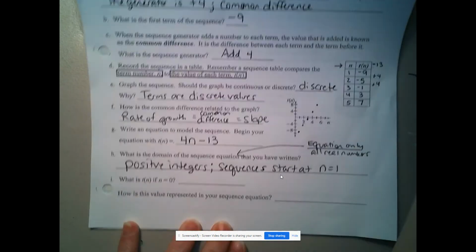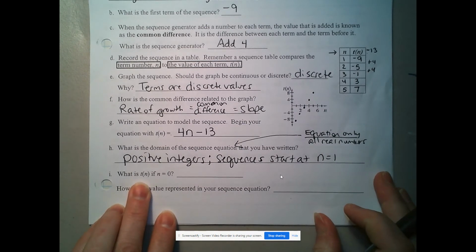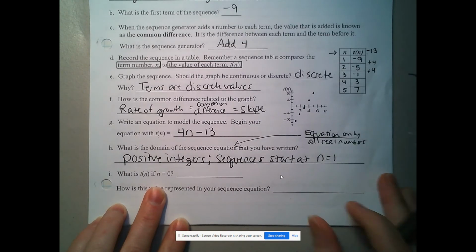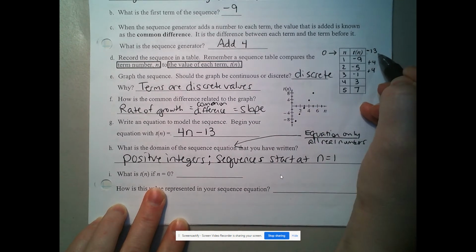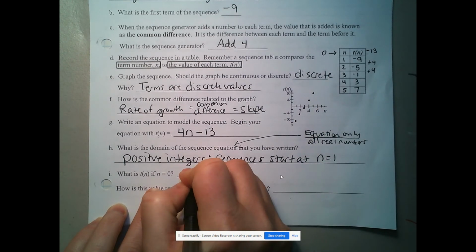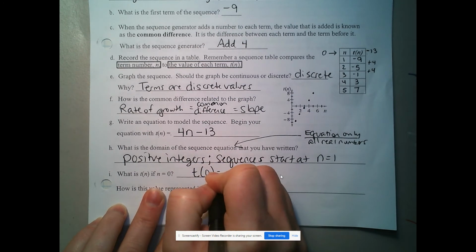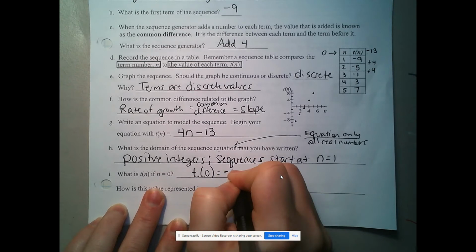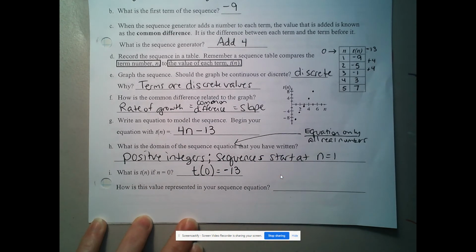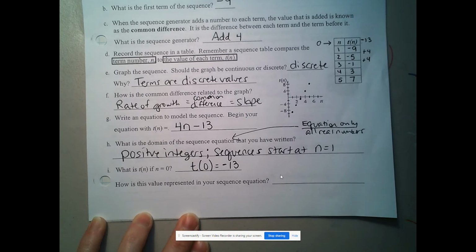So what's the t of n? What's the output when n was 0? Back right here, when we went backwards one spot, when n was 0, we said the outcome was negative 13. So t of 0, if we plug in 0 for n, or we look for the 0th term, the output was negative 13. And how is this value represented in your equation?